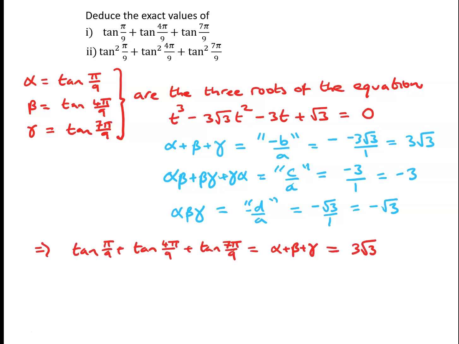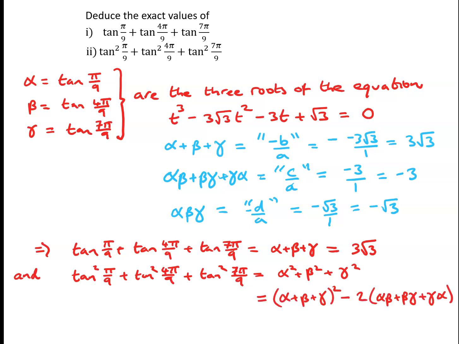So for part 1 of the question, tan of pi by 9 plus tan of 4 pi by 9 plus tan of 7 pi by 9 is simply alpha plus beta plus gamma, which we know is 3 root 3. Tan squared pi by 9 plus tan squared 4 pi by 9 plus tan squared 7 pi by 9 is alpha squared plus beta squared plus gamma squared, which is the same thing as alpha plus beta plus gamma all squared, take away 2 lots of alpha beta plus beta gamma plus gamma alpha.